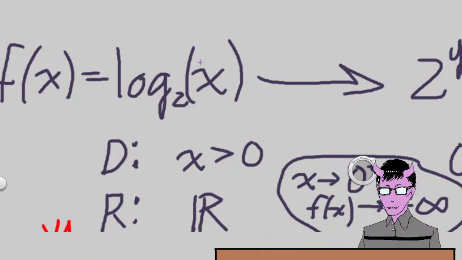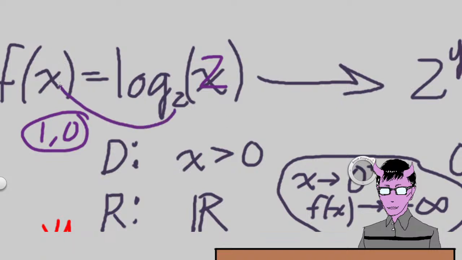1 is good. 2 is good. 4 is good. So why 1? Because 2 to the power of 0 equals 1. So those are very nice points. This one is a very stereotypical anchor point. 2 is good, so 2 to the power of 1 equals 2.